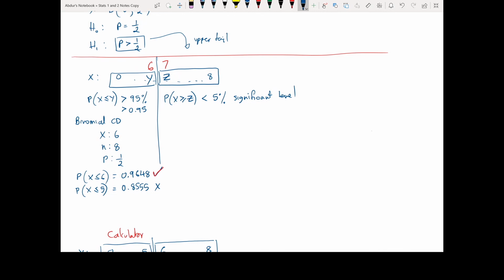So if the probability of X less than or equal to 6 is equal to 0.9648, we can then say that the probability of X greater than or equal to 7 is equal to 1 minus 0.9648, and this gives us 0.0352, which we can see here is less than the 5% significance level.